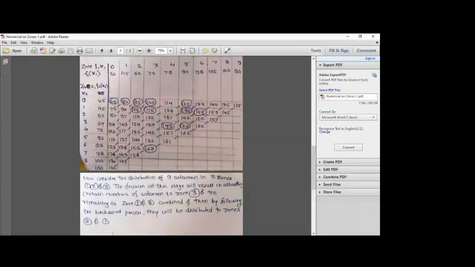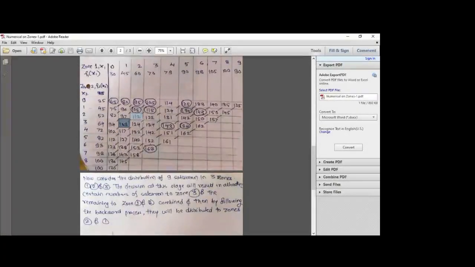Similarly, if I'm going for four number of laborers considering zone 1 and zone 2, the combinations are this particular value, this particular value, this particular value, this particular value, and this particular value, right? So amongst the highlighted values, if you check out the combination, what is this combination? It is 4 plus 0 is equal to 4. What is this combination? It is 3 plus 1 is equal to 4.